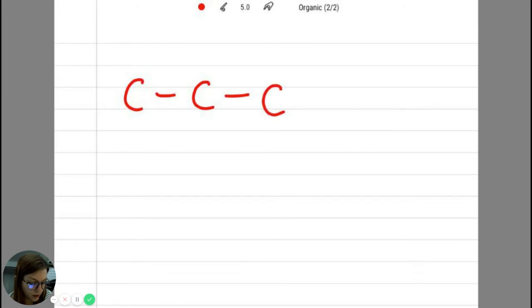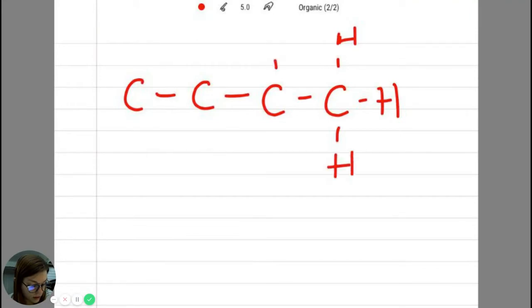Most of these do appear in your real life. So butane is 4 carbons in a chain, and this is considered saturated because each of these carbons has the maximum number of hydrogens attached to it, meaning that every carbon gets 4 single bonds.